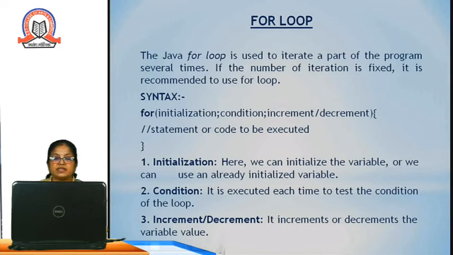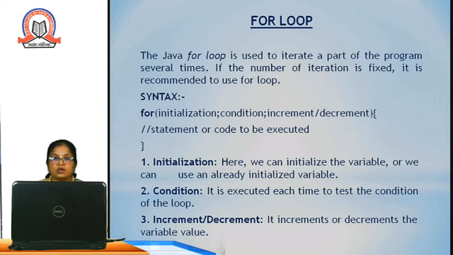And the last one is the for loop. The Java for loop is used to iterate a part of the program several times. If the number of iterations is fixed, it is recommended to use the for loop. The syntax is for, within the brackets we initialize the counter, then we give the condition, and in the last there is the increment or the decrement.